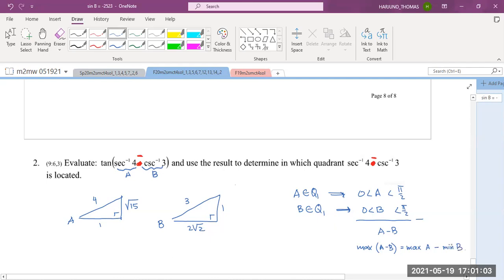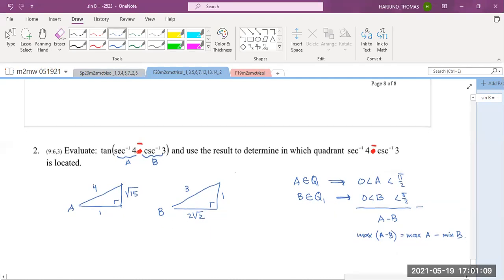Now, think about it. To get the maximum of a subtraction, you maximize the A, yet you minimize the B. Such that the maximum of A, which is pi over 2, minus the minimum of B, which is 0, is pi over 2 at most.